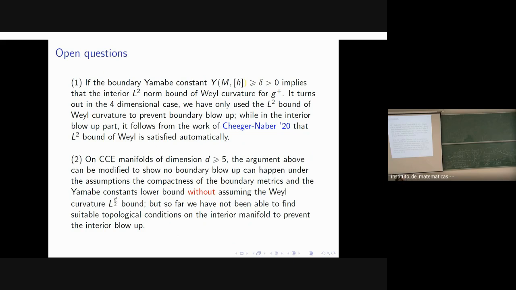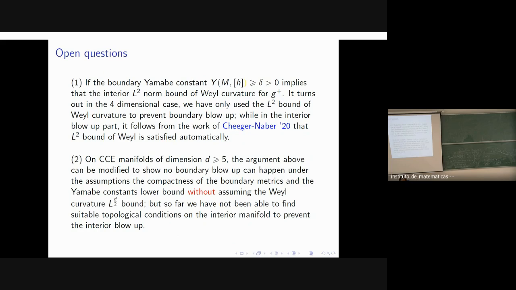In this proof, we use heavily that the Weyl L2 norm is bounded. But on the other hand, this L2 bound on Weyl is only used to prevent boundary blow up. It turns out that for the interior blow up part, the Weyl L2 norm is already bounded by the result of Cheeger and Naber.